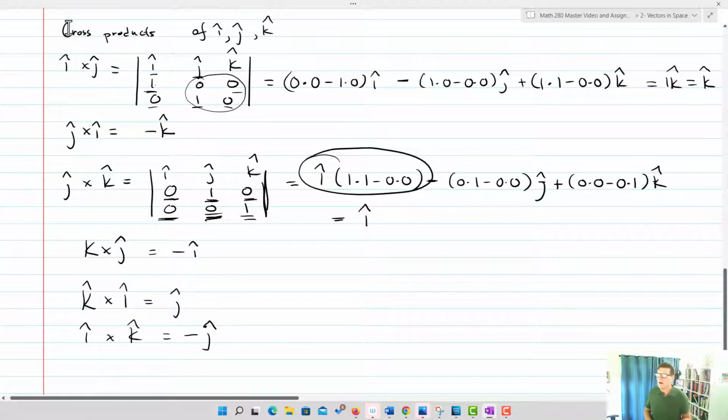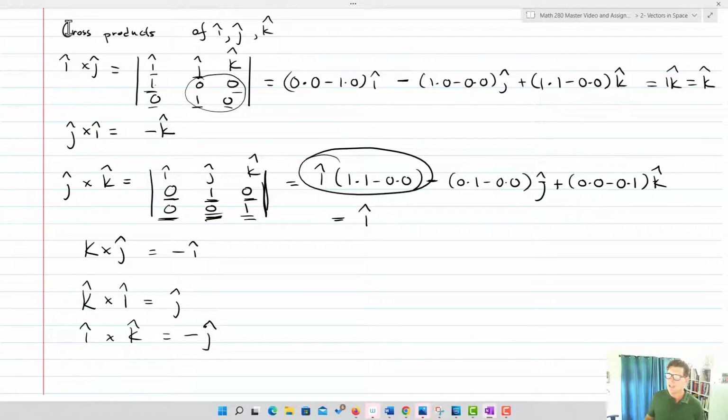So if we take those standard unit vectors i, j, and k, we get some special vectors that end up becoming very handy, and we're going to utilize those quite a lot in just a moment.